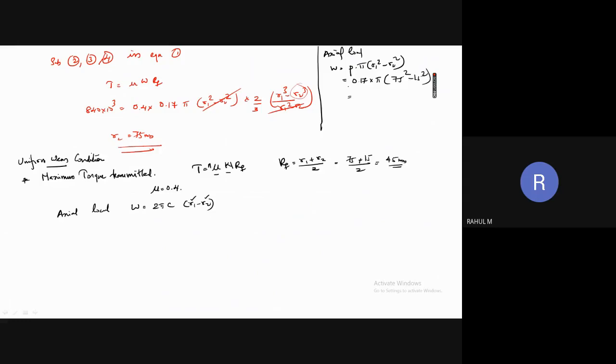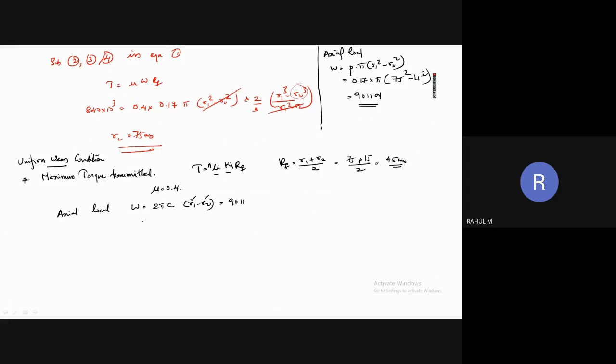Upon solving this, you will get W as 9011 Newton. So this is the axial load. Now, as per the question, the axial load here is also the same, 9011 N.